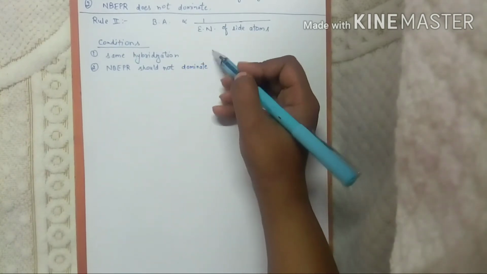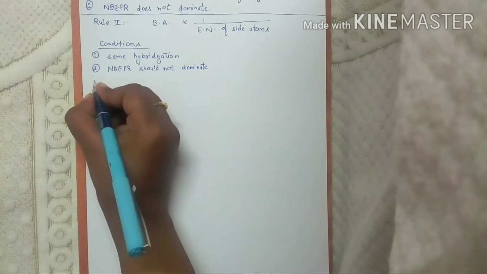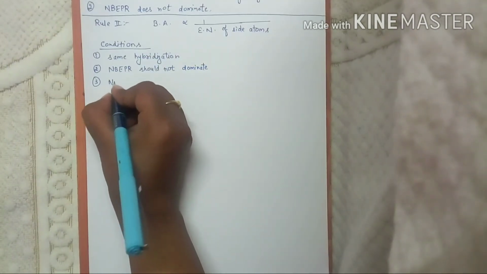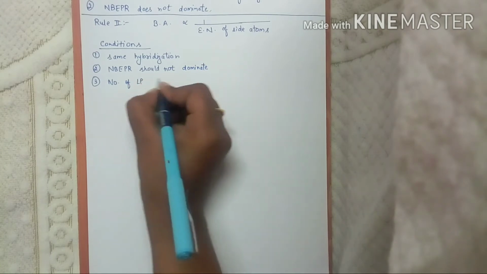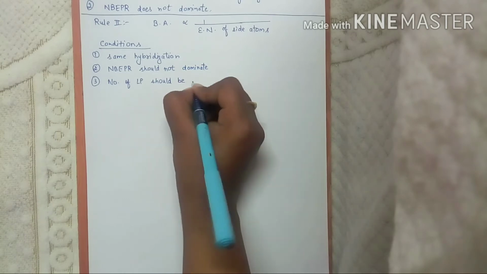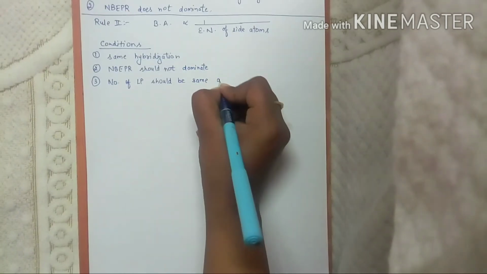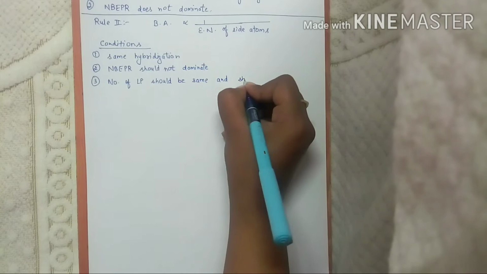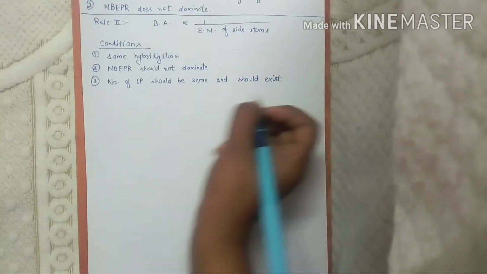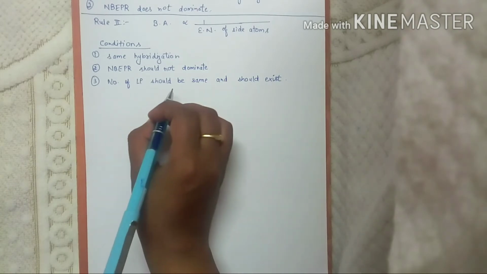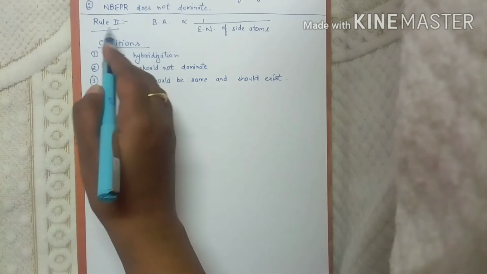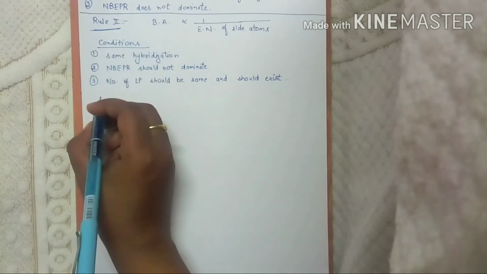These two conditions are the same as for rule number 1, but there is an additional third condition, that is, the number of lone pairs should be the same and should exist also. So there is a compulsion of having lone pairs, and that too an equal number of lone pairs in each molecule, for rule number 2 to be applied.